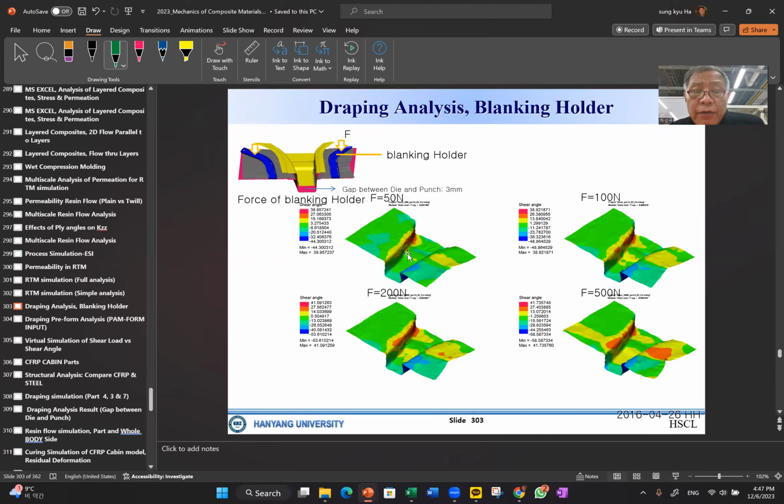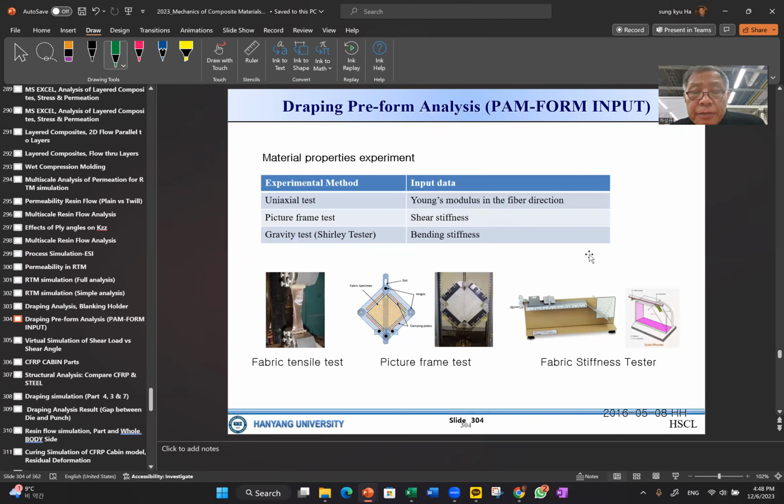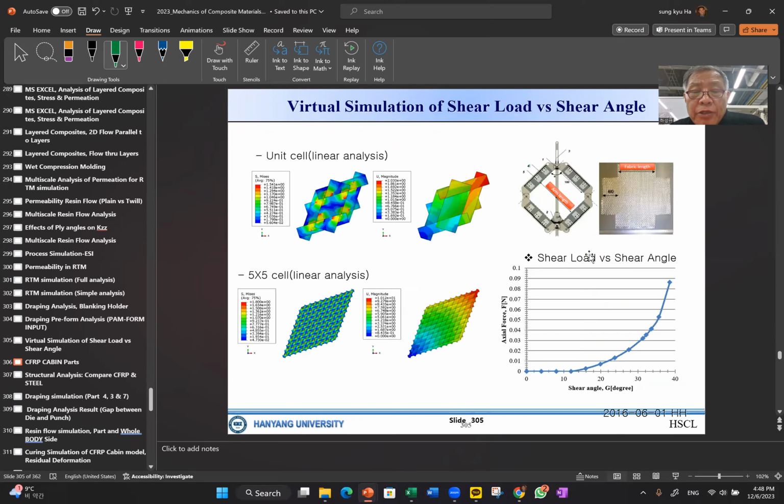First we need to have draping. Draping means we have flat, dry fabrics, and we need to have some pre-shaping, and we can measure all kinds of things. This is just a dry fabric, to simulate the drapeability: how can the fabric shape.